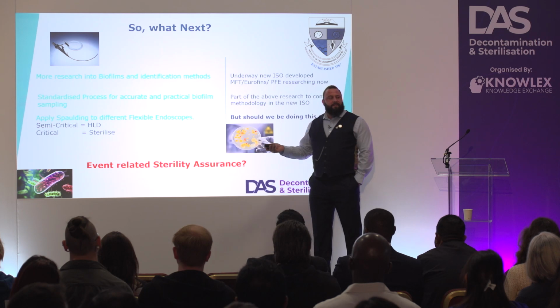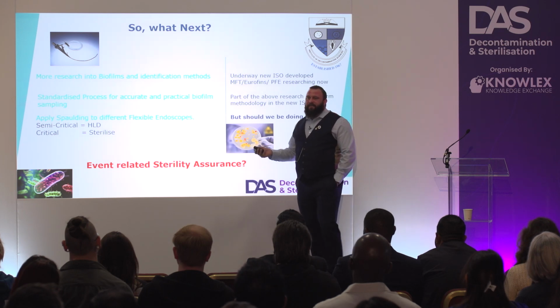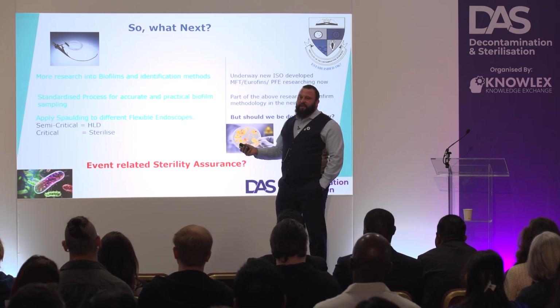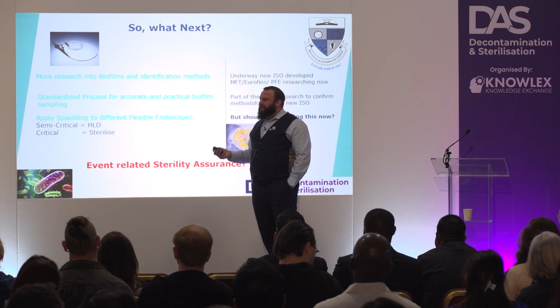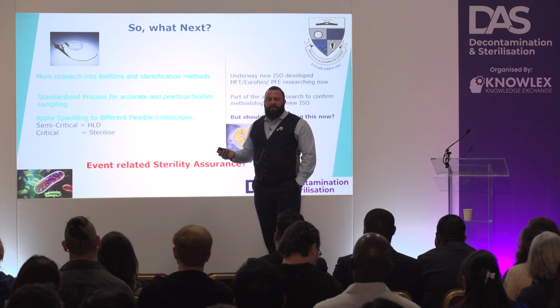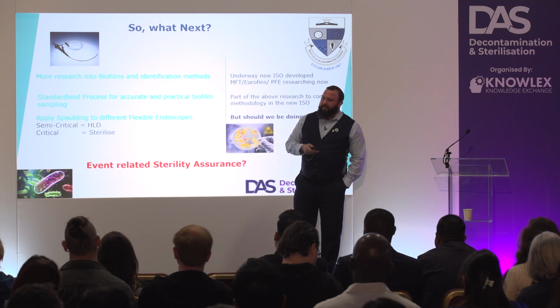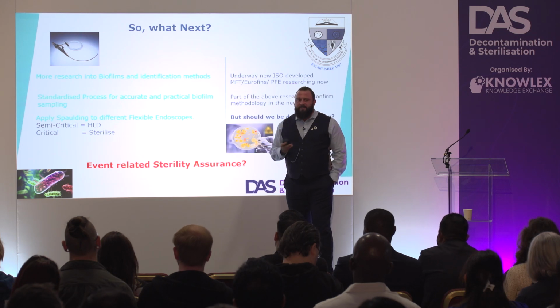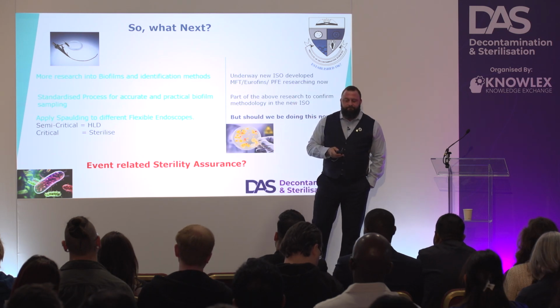Well, we don't know with endoscopes. I think we've already proved with the studies that are out there, we don't know with endoscopes, and high-level disinfection isn't giving us the level of assurance that we need. So should we consider that we sterilise all endoscopes and treat them the same as we do for sterile surfaces?